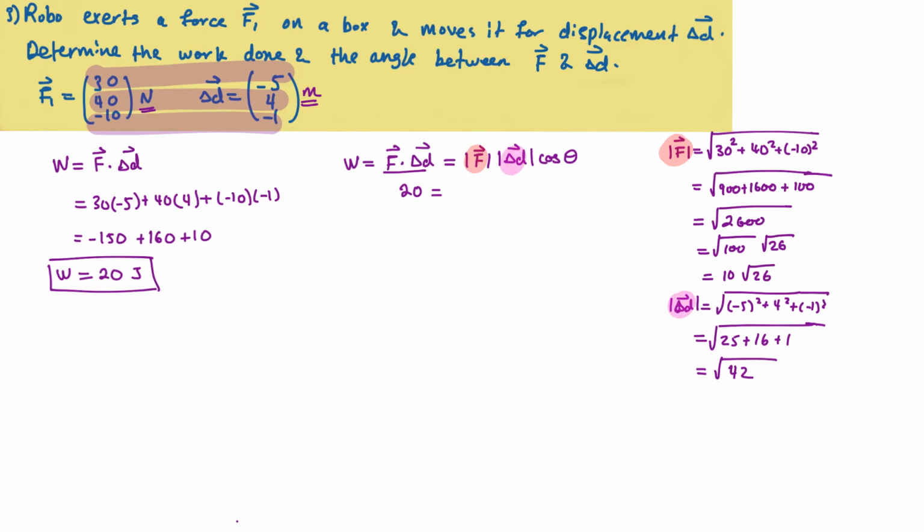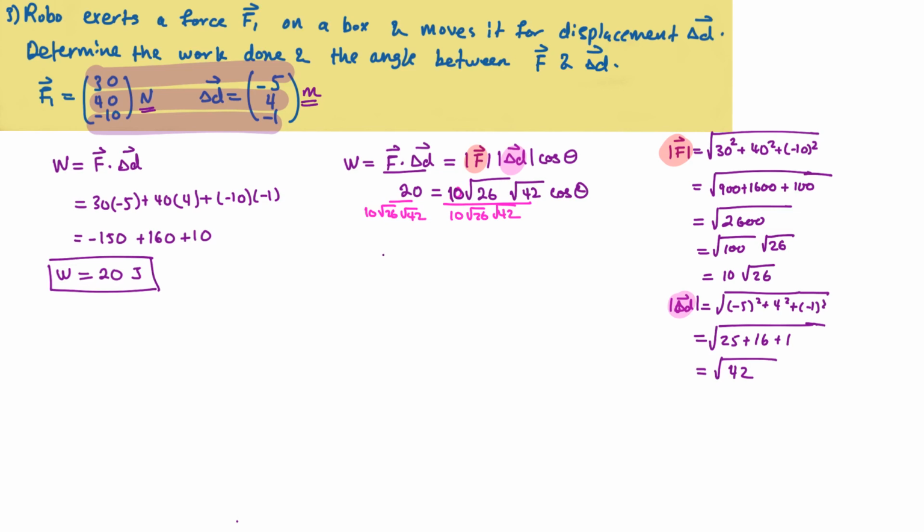So I can say the magnitude of the force is 10 root 26, and the magnitude of the displacement is root 42, and I'm trying to find the angle there. I'm going to divide both sides by 10 root 26 root 42.